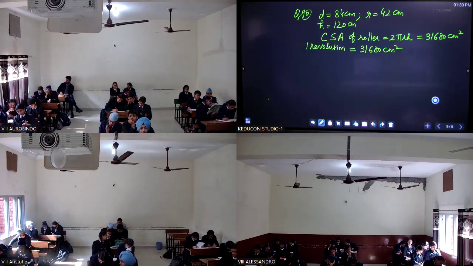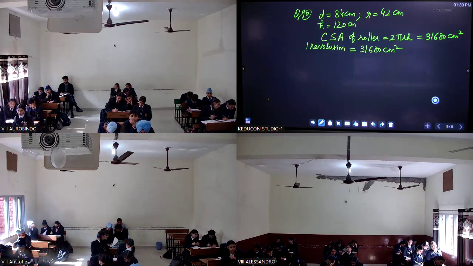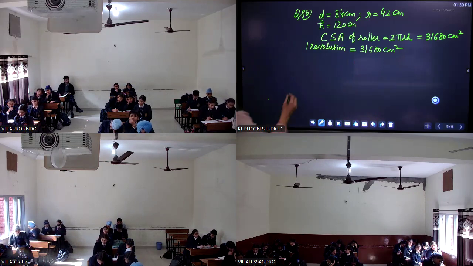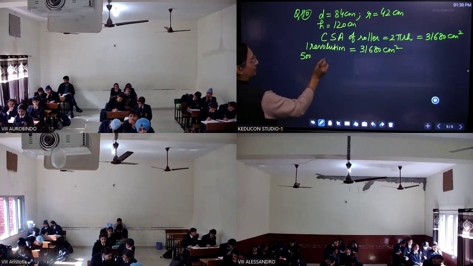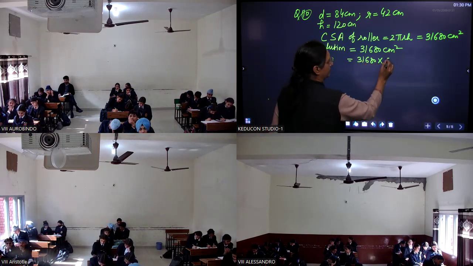It is covering this much area in one revolution. But there are 500 rotations. So for 500 revolutions, what will you find? 31680 into 500.